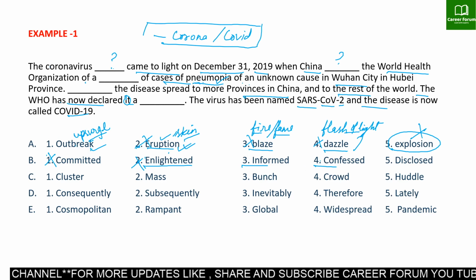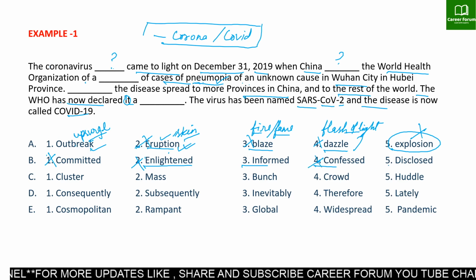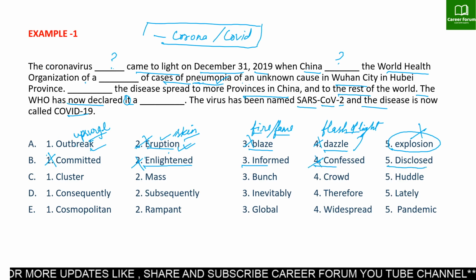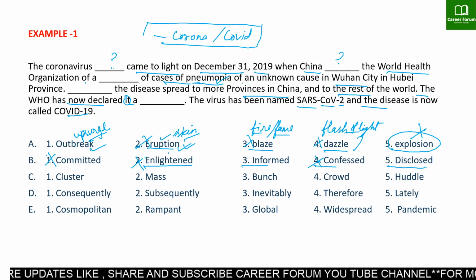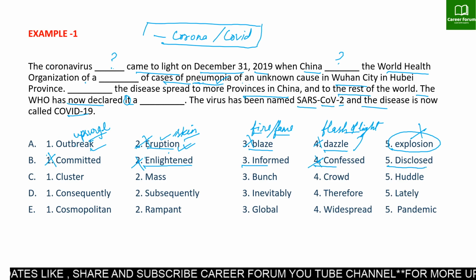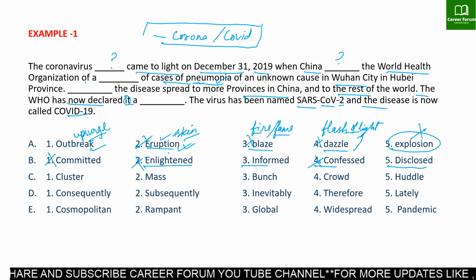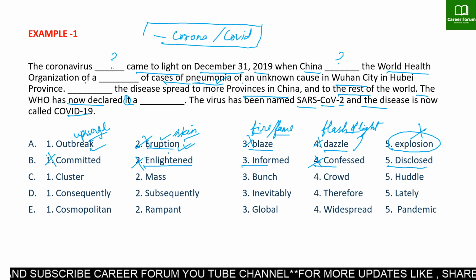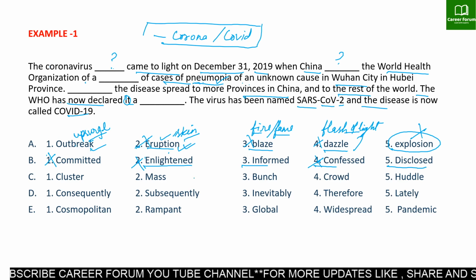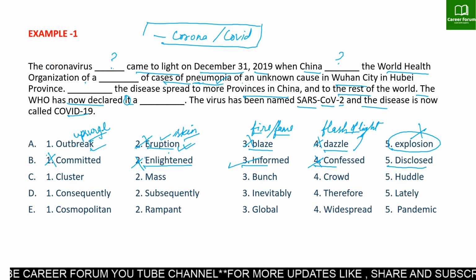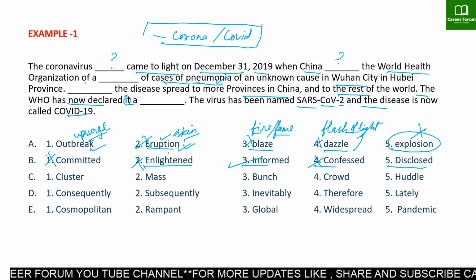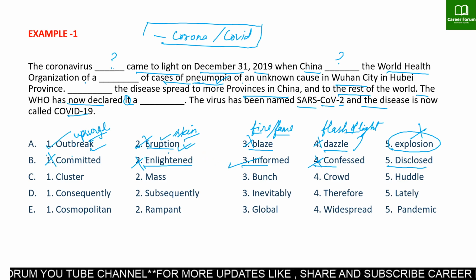So you can't consider this one also. Fifth is disclosed. Disclosed means to reveal a secret. So China is not revealing a secret to WHO, but China has informed the WHO about the coronavirus outbreak. So the correct option is which one? Third. Am I clear? Here option 1 was the right option and here it is third.